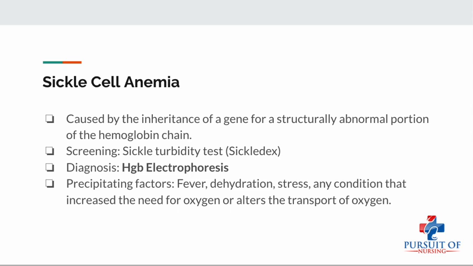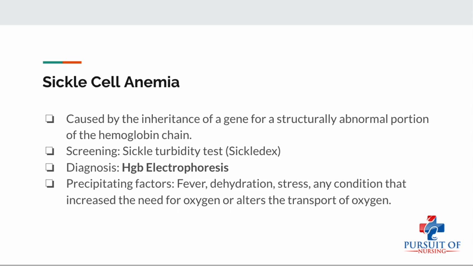Treatment for a sickle cell crisis is always going to include hydration, oxygen, pain management, and rest. So without adequate hydration, the pain will not be controlled. Also, if you ever see a pain medication called meperidine, this pain medication is avoided because it increases the risk of normeperidine-induced seizures.